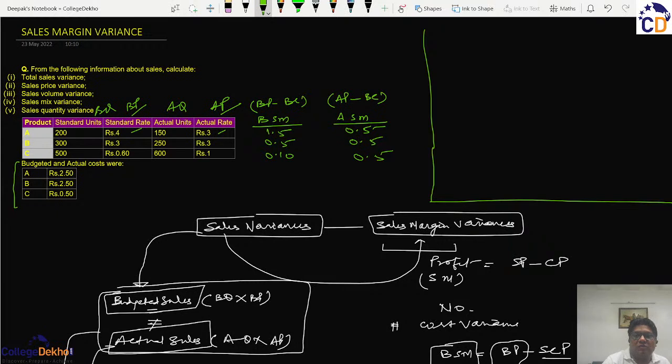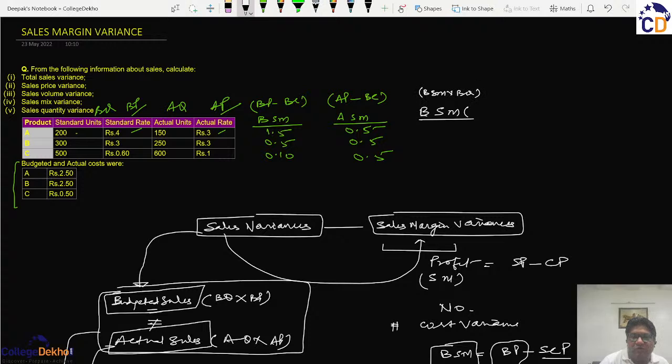So what will happen? Here I will erase this standard quantity first, and make a column for budgeted sales margin, that is budgeted sales margin per unit into budgeted quantity. So this will give you total budgeted sales margin.